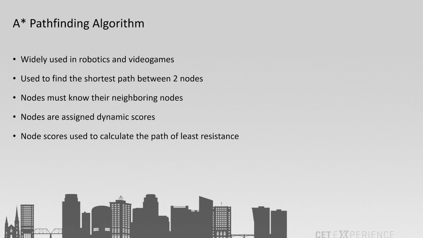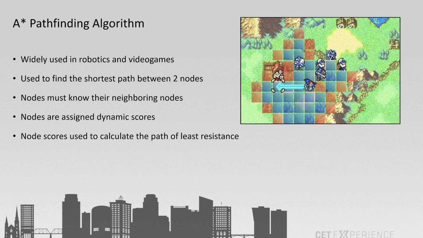Those scores are used to calculate the path of least resistance or the shortest path between the start and the goal nodes. So I've been playing some Fire Emblem lately, the old Game Boy Advance Fire Emblem games, and it struck me that Fire Emblem is a perfect example of an A-star pathing algorithm because of the tile-based or node-based underlying logic that drives the pathing.